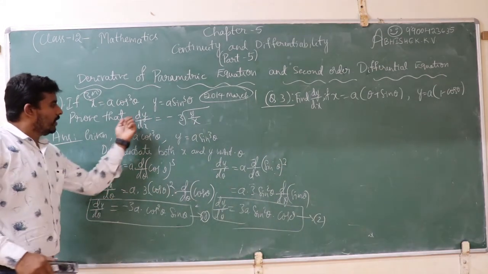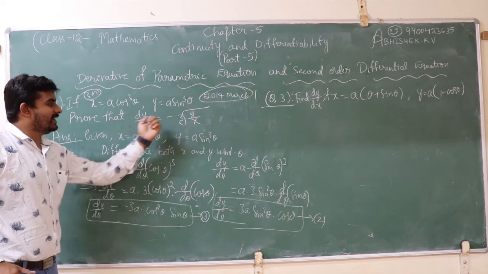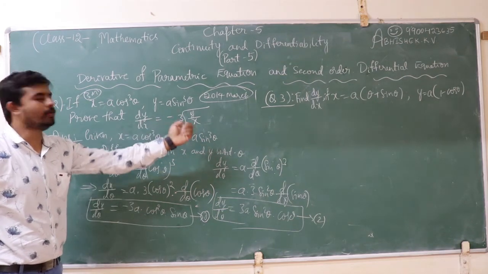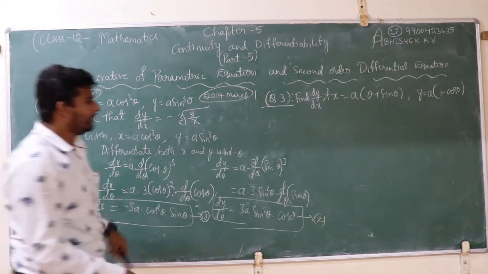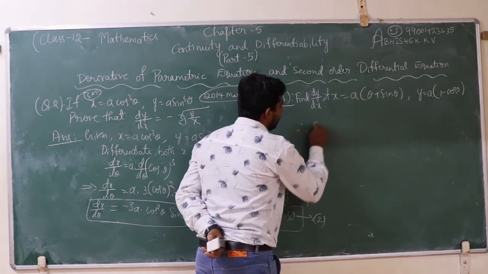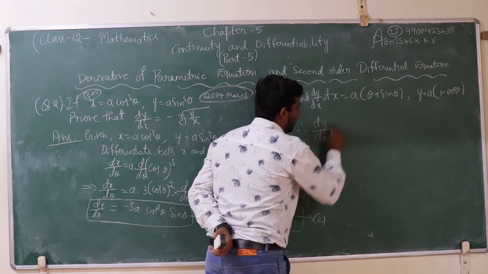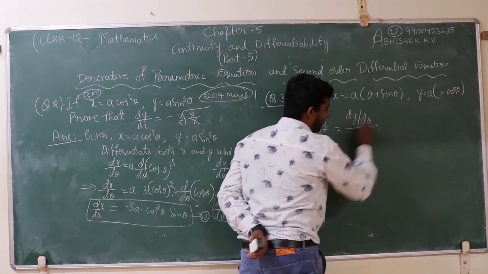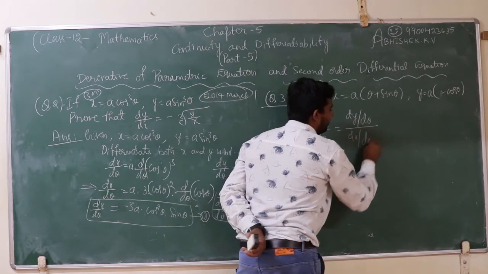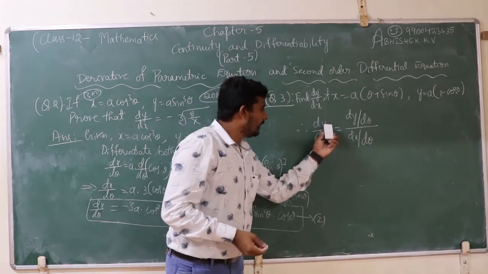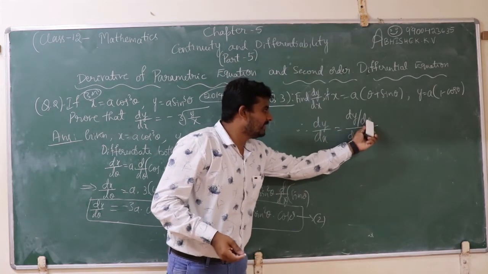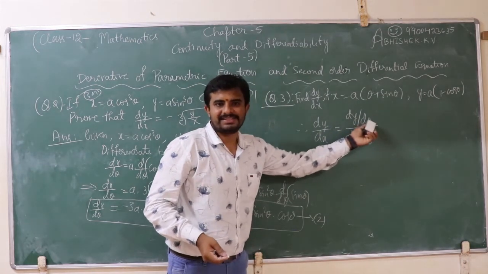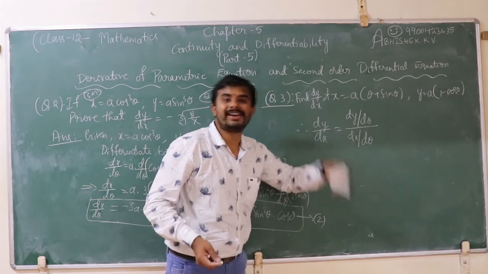Finally, we need to prove dy by dx is equal to the negative of the cube root of y by x. See, therefore, dy by dx can be written as what? We already found dy by d theta and dx by d theta. Divide both numerator and denominator by d theta, because theta is the third parameter.